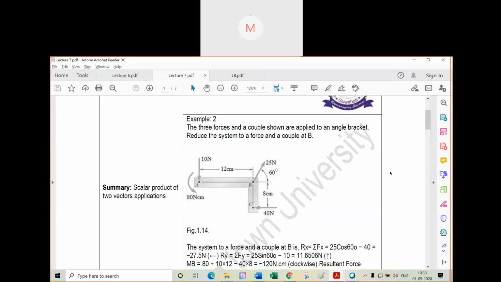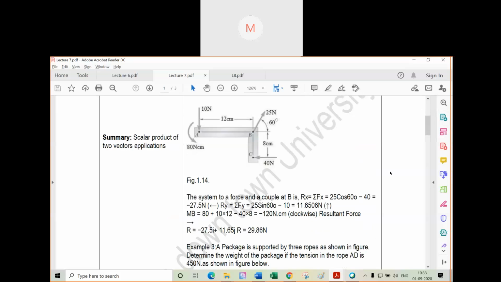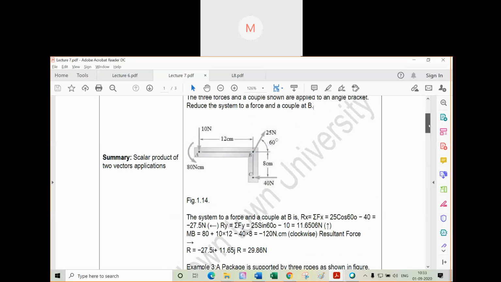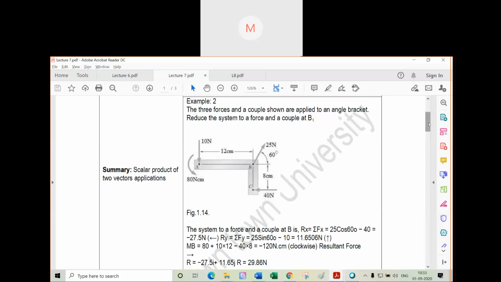So look at this now. You have done this, now drawing this. This is pretty simple. Now if you see here, three forces and a couple are shown applied onto an angle bracket.